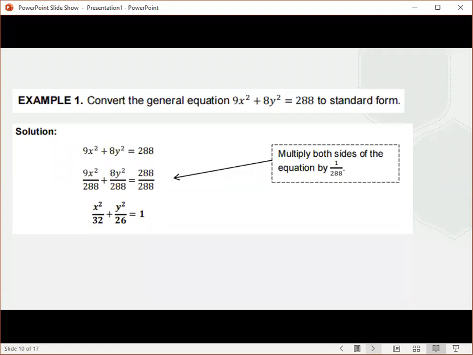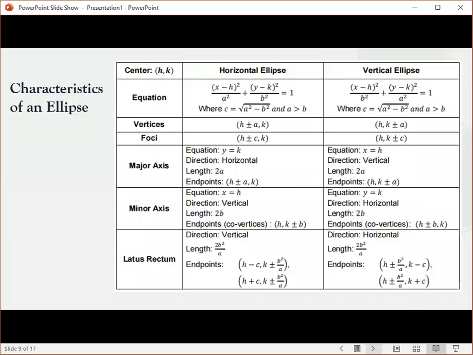The right-hand side of your ellipse is always equal to 1. Let's go back to the list of our formulas. Look at the equation. The left-hand side, you have two components or two factors, and then the right-hand side, you'll have 1. That's for the ellipse. The right-hand side of the equation should always be equal to 1.